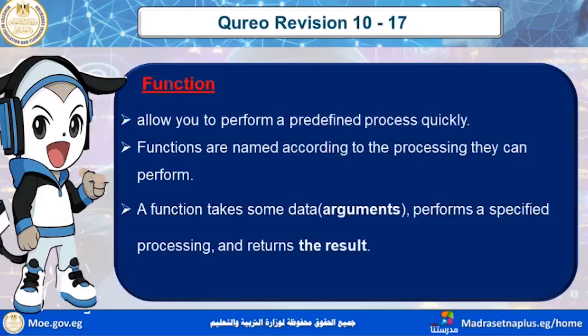Functions allow you to perform a predefined process quickly, and they are named according to the process they perform. A function takes some data in the form of arguments, performs specified processing and returns the result.